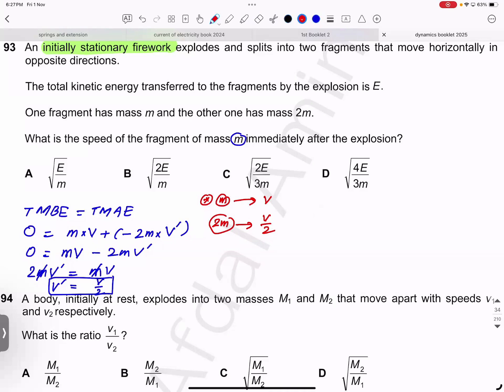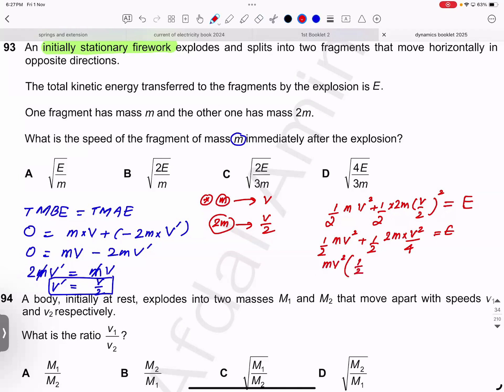So go for kinetic energy. Kinetic energy of m is half m v square, plus half for 2m, it is v by 2 squared. Total kinetic energy was E, they told you. So half m v square plus half times 2m times v square over 4 is E. Can I take m v square common?